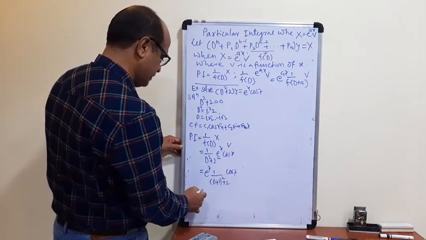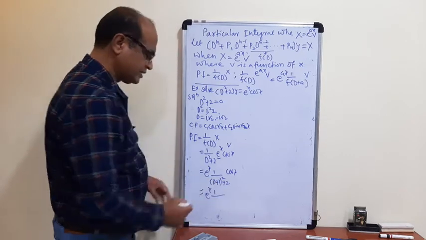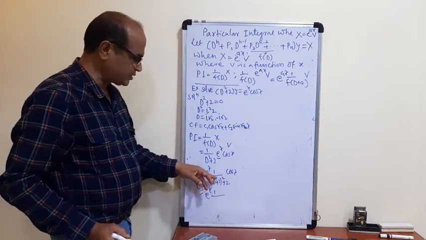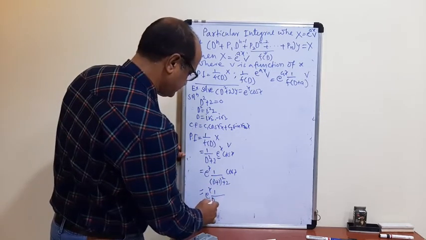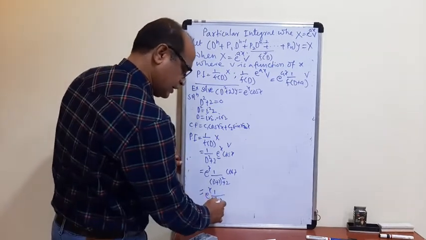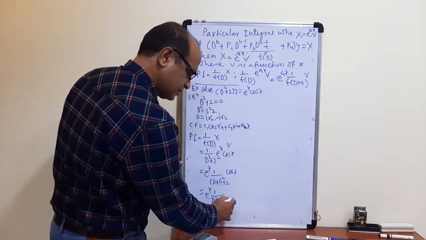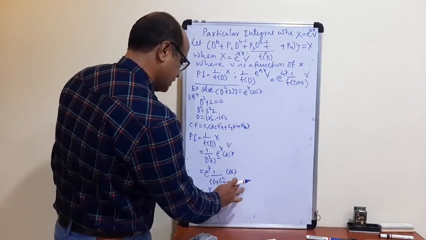Simplifying, this is eˣ 1/(D² + 2D + 3) cos x.